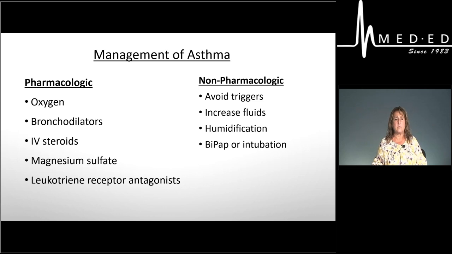And for long-term control, but not acute control, you might see the patient be prescribed leukotriene receptor antagonists like montelukast or Singulair, because the leukotrienes are inflammatory mediators. So these antagonists would block those inflammatory mediators.